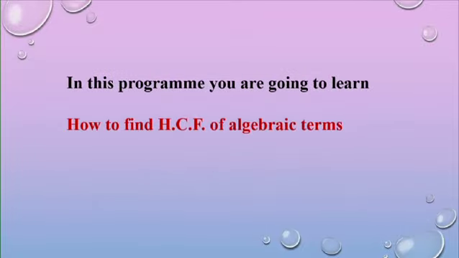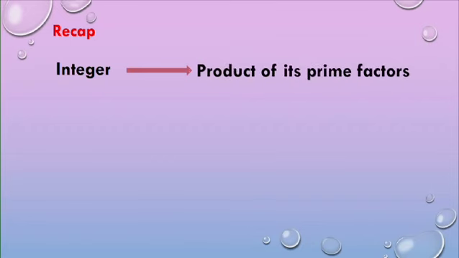But before going to HCF of algebraic terms, let's do a recap on certain things that you have learned in grade 7. Starting with how to write an integer as a product of its prime factors. For example, 16 as a product of its prime factors is 2 times 2 times 2 times 2.